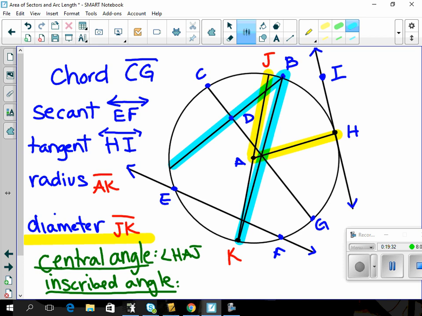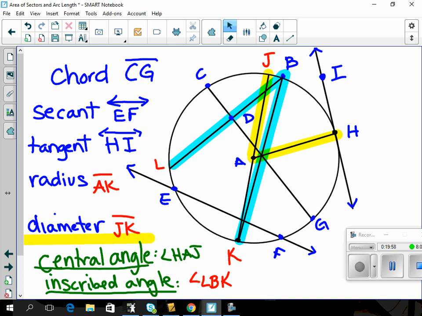So we'll call that L. How do I name that angle? Angle what? LBK, sure. And again, B is the middle point when you name them, and also happens to be the vertex. So we'll talk more about the angles in the circle a little bit later, okay?